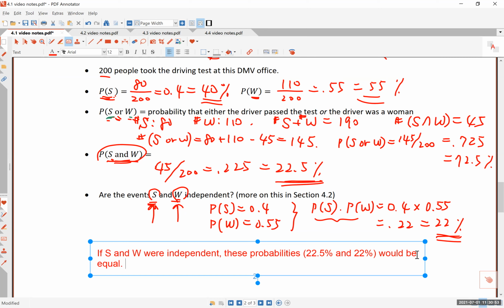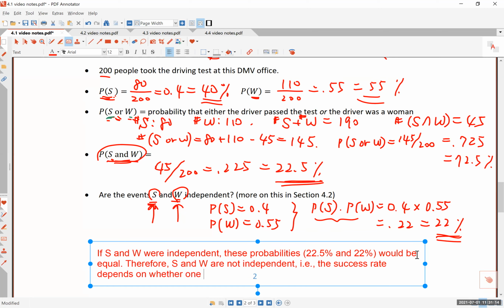Therefore, S and W are not independent. In other words, the success rate depends on whether one is a man or a woman.